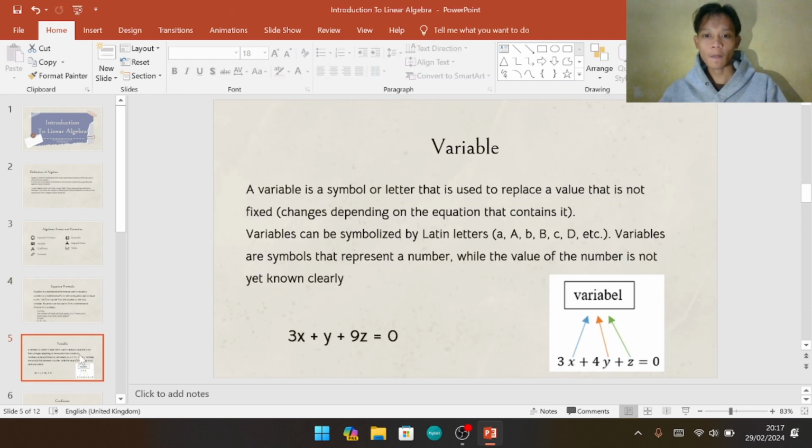Next, variable. A variable is a symbol or a letter that is used to replace a value that is not fixed.